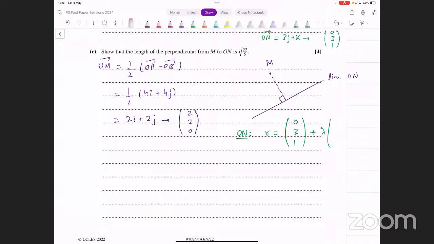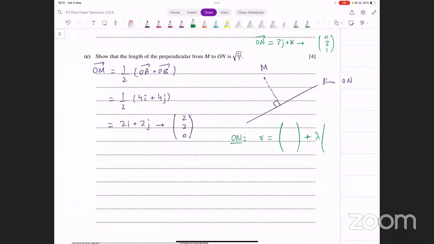Or you could actually also use the origin, because the origin is also a point. But to make things simpler, in place of the point, you could just use the origin, right? Because the line ON also passes through the origin. So it's easier to just use the origin here.